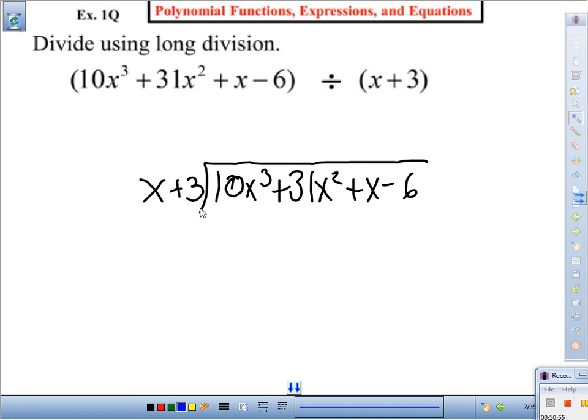All right, so what number times this first term is equal to this first term? 10x squared, that is correct. 10x squared times x is 10x cubed. So we have a second term here, so 10x squared times 3, that's positive 30x squared.